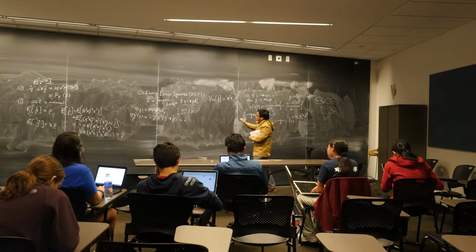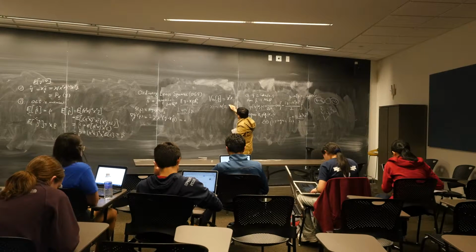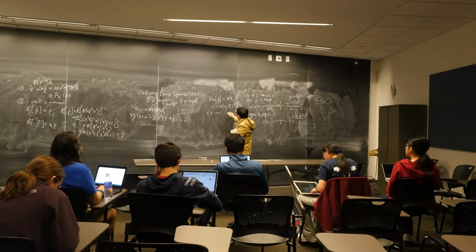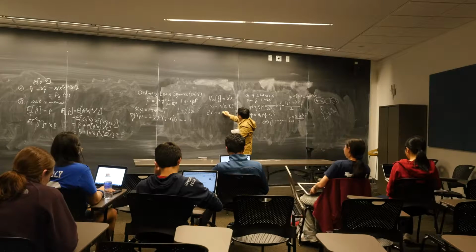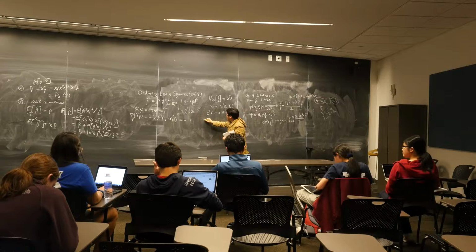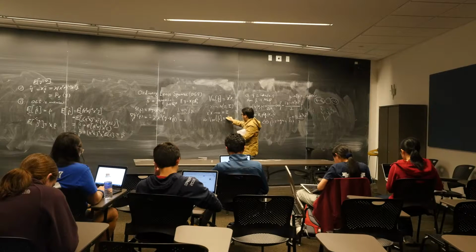So imagine your data points x are, for example, samples from a Gaussian distribution with mean 0 and covariance sigma, then this X transpose X will go to n times sigma, and therefore the variance of beta hat will be 1 over n.